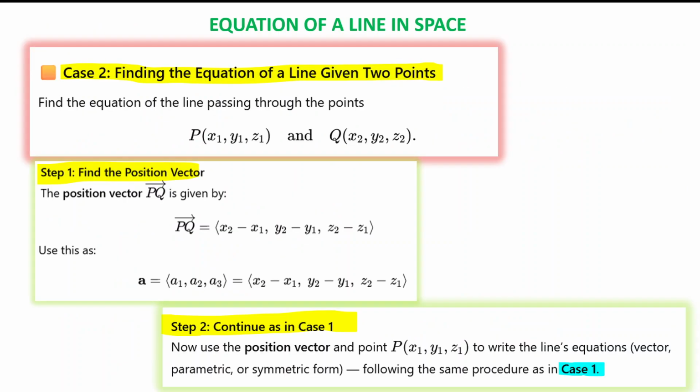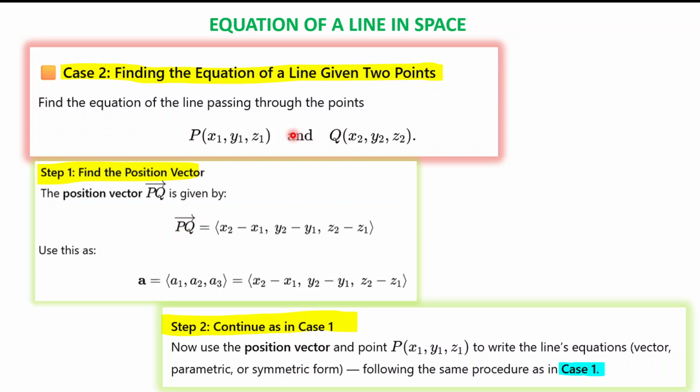The second case that we may see is that instead of giving me 1 point and a parallel vector, they will give me 2 points, just similar to the case of two-dimensional space. If the question gave me 2 points, I can use them to find a parallel position vector, the position vector PQ.